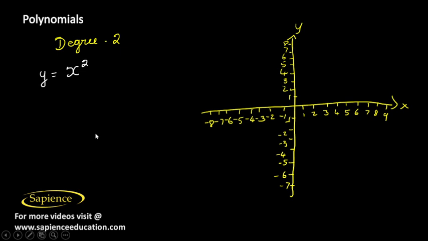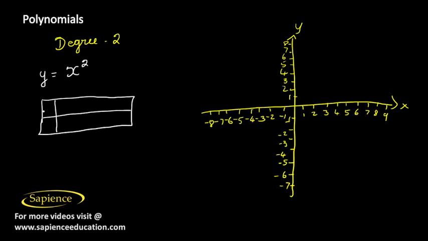So when y is equal to x square, we can make this box. So here we can write down values of x, and here we can write down values of y. -2, -1, 0, 1 and 2.